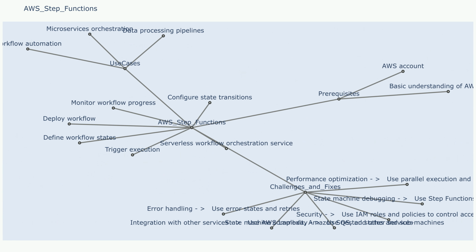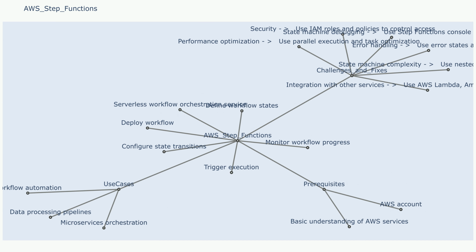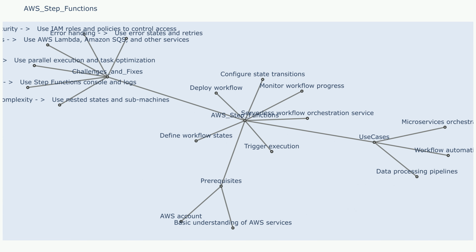Steps. Define workflow states: break down your workflow into individual states, each representing a specific task or operation. Configure state transitions: define the flow of execution between states, specifying the conditions and actions that trigger transitions.